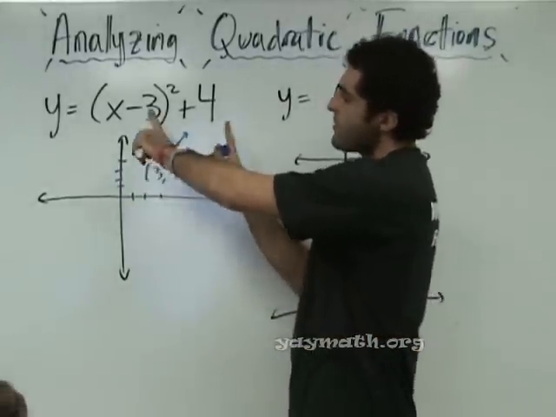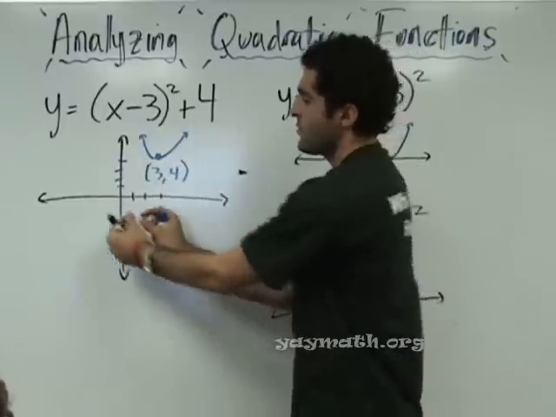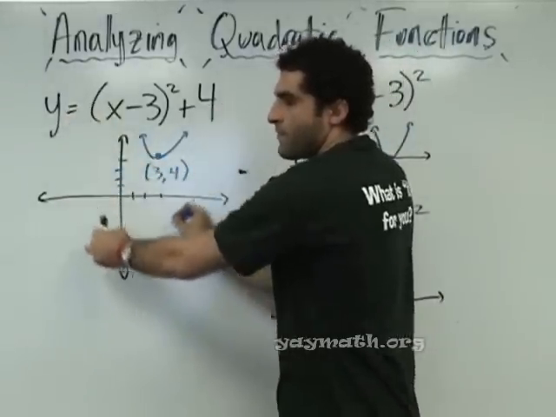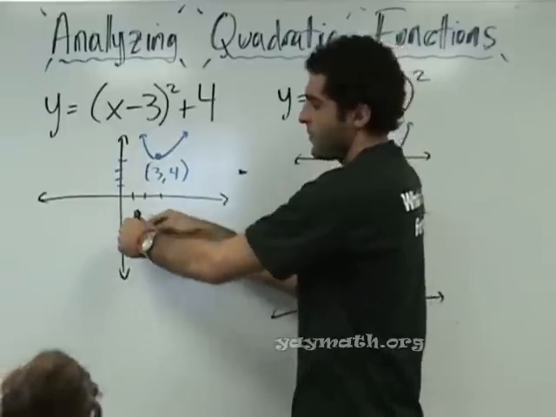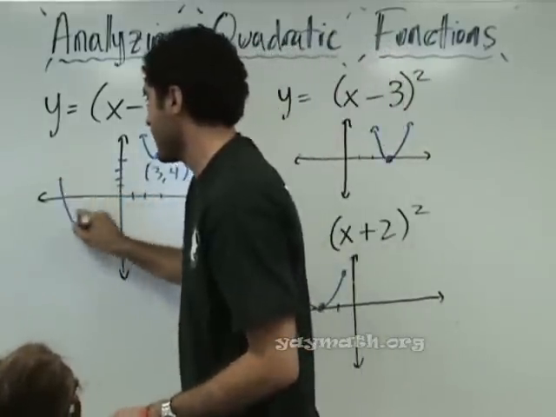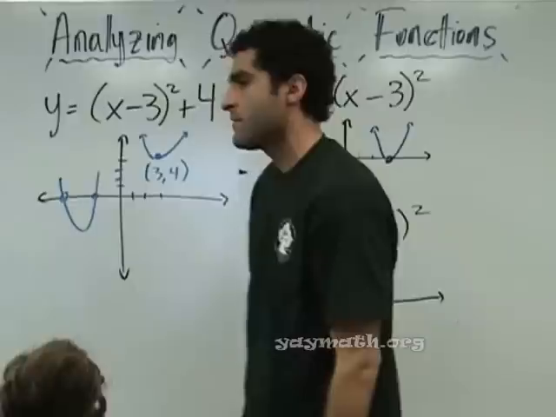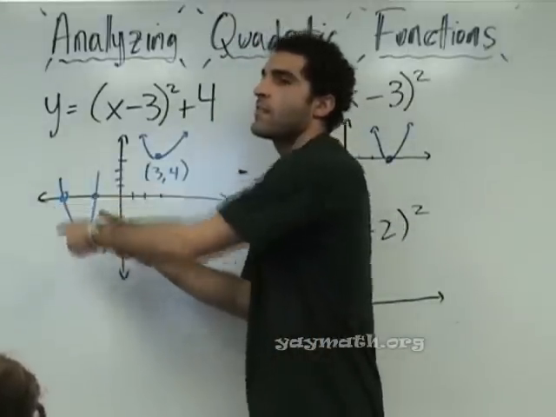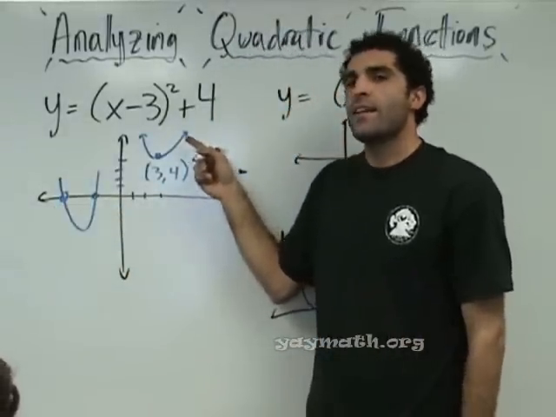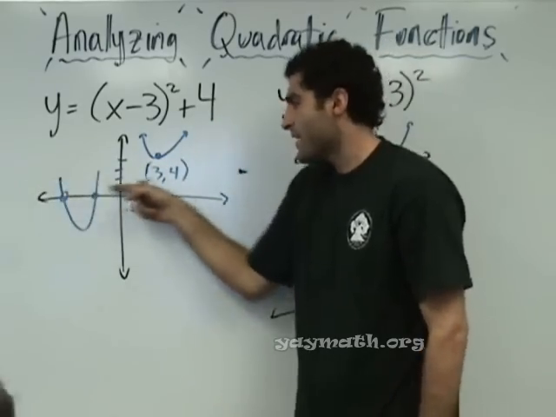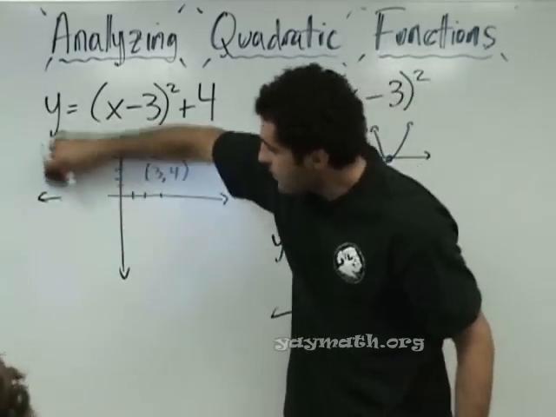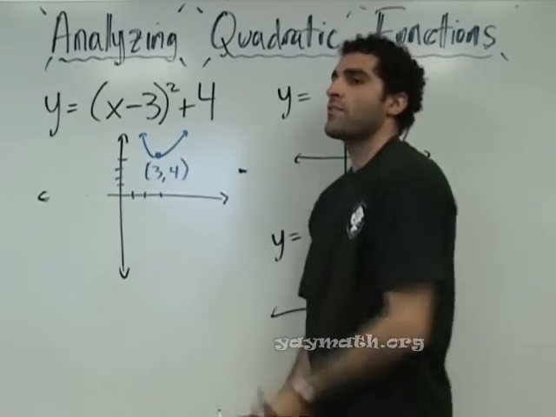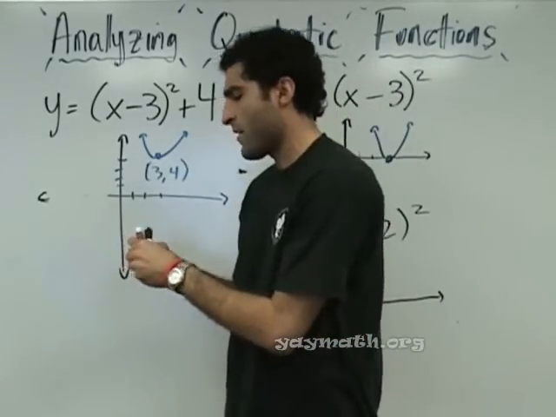We talked about solutions are when they hit the x-axis, right? When the parabola hits the x-axis here, solutions are here and here. These are real numbers. But since this doesn't hit the x-axis, there's no real solution for this. We talked about that in another class.